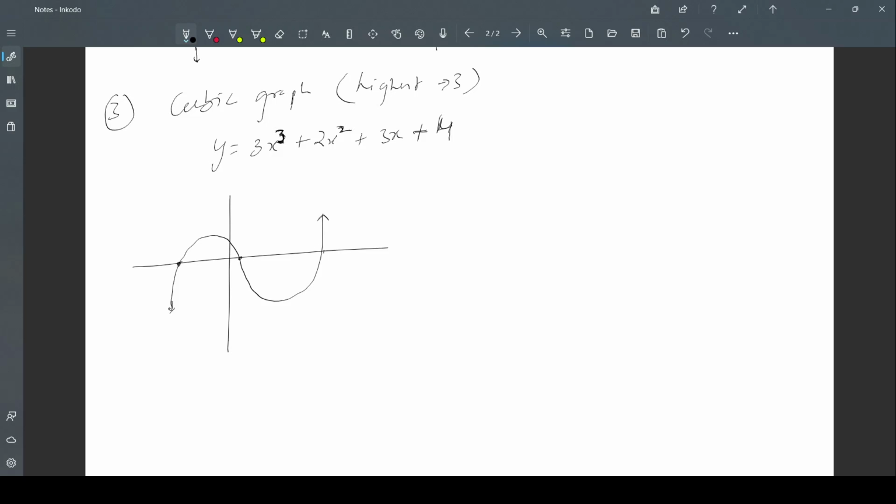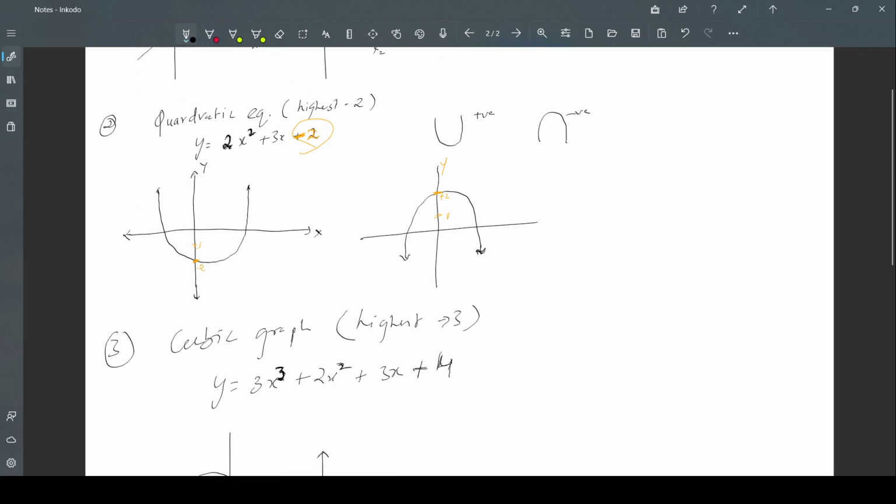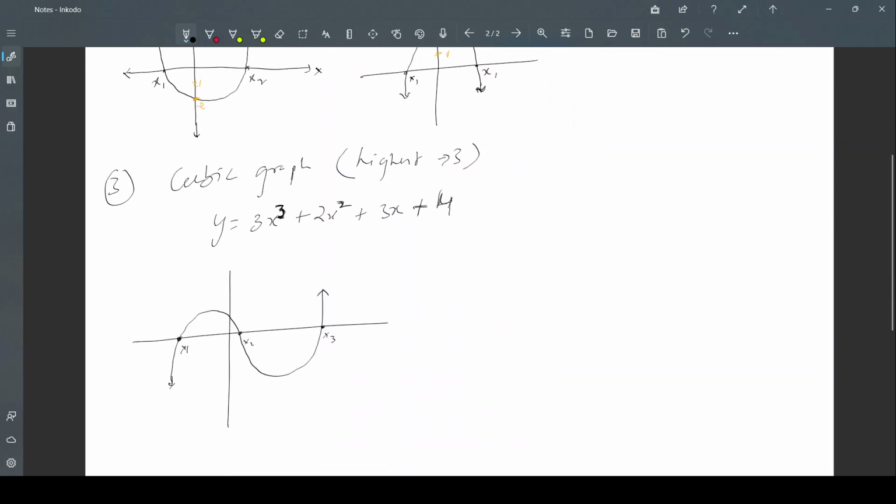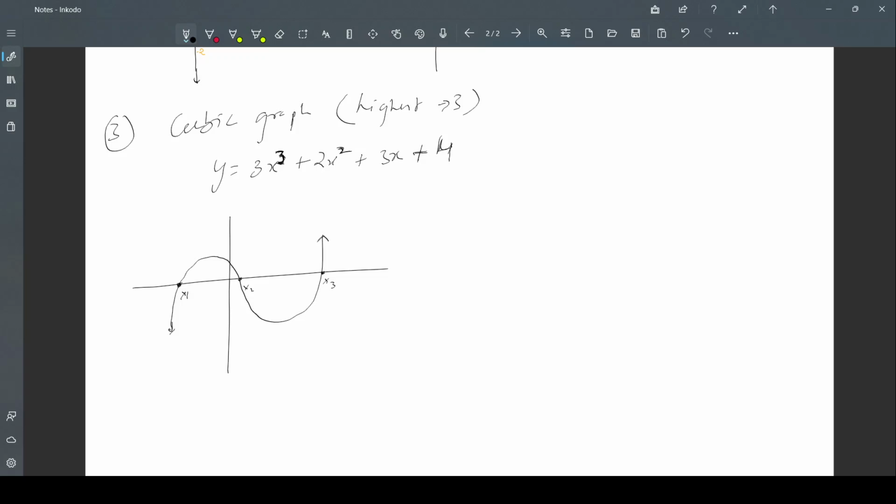It will be meeting at 3 points on the x-axis. This will be x1, this is x2, right? And this will be x3. And the quadratic graph, as I told you, is going to be u-shaped, so it will have 2 solutions because it's going to meet only 2 points, here and here, right? So the same way the cubic graph will have 3 solutions.